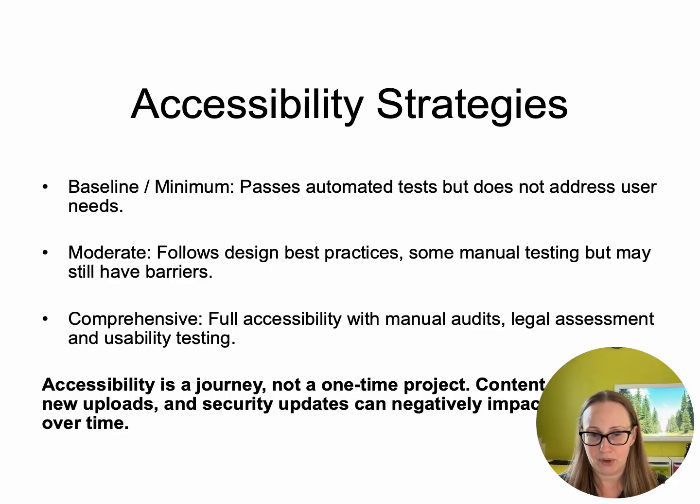More moderate approach, you follow design best practices and do some manual testing, but you may still have some barriers, but this is still better than just passing the test. And then comprehensive is full accessibility with manual audits, legal assessment, and usability testing.